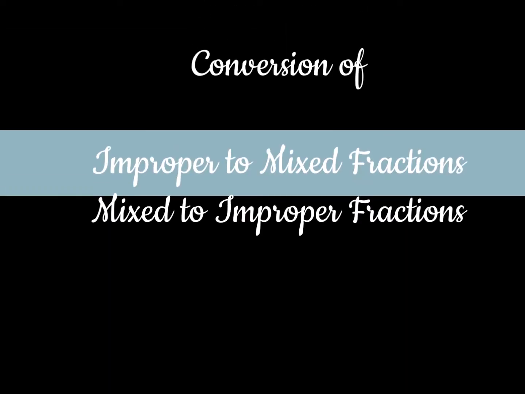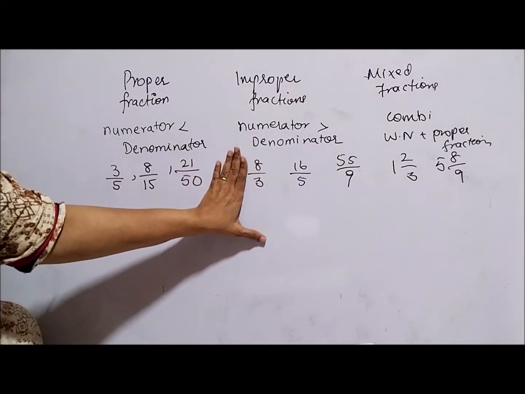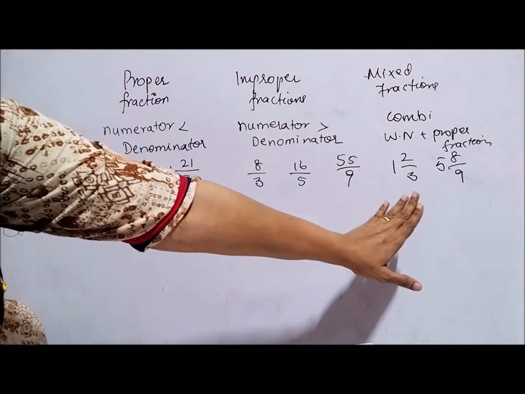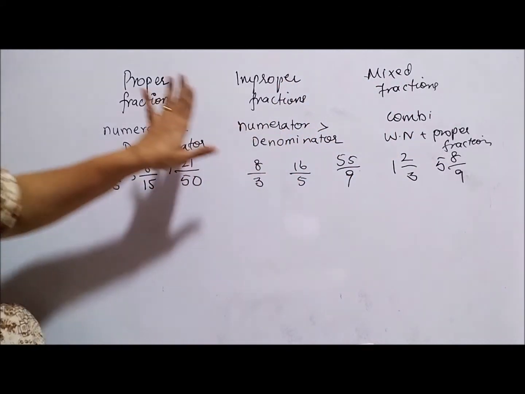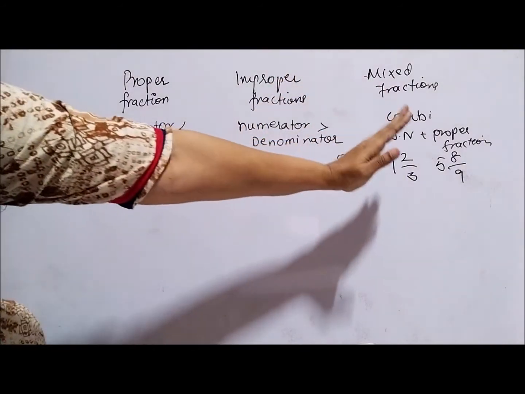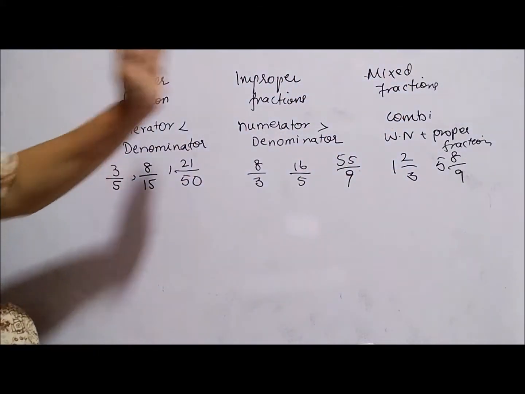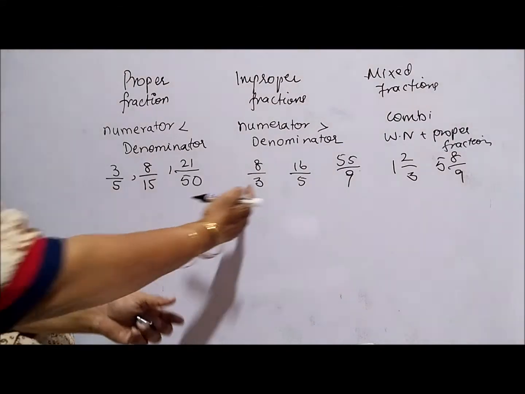But if it's an improper fraction, we can convert it to mixed fraction. If it is a mixed fraction, it can be converted into improper. Proper will not come. Improper, when you convert into mixed, in that proper will come. Let's see some example.